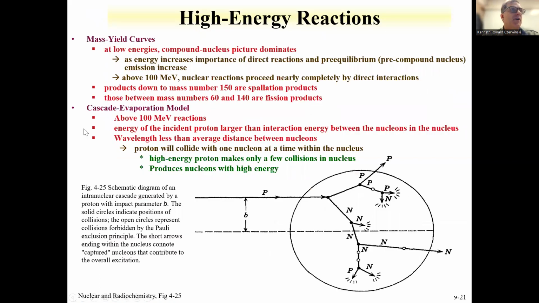And then this is more high energy reactions. This is kind of a schematic with a particle hitting the impact barrier. It relates to the interactions occurring in the nucleus, and how that relates to the products that come out, the excitation of the nucleus.